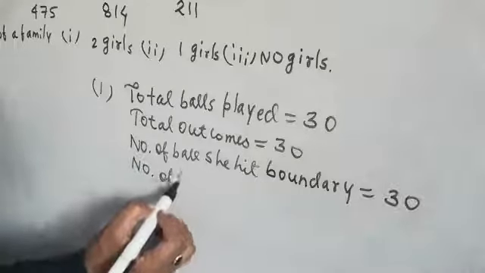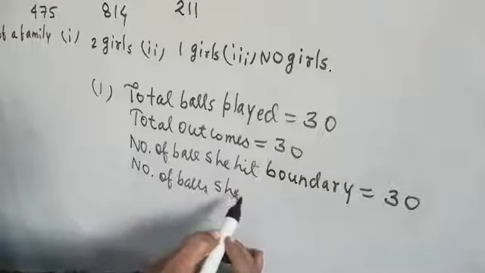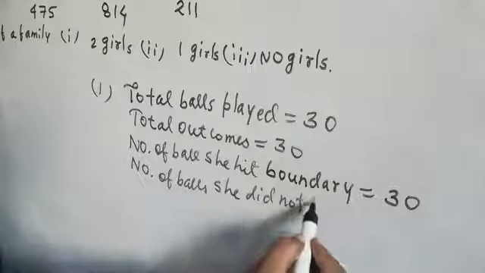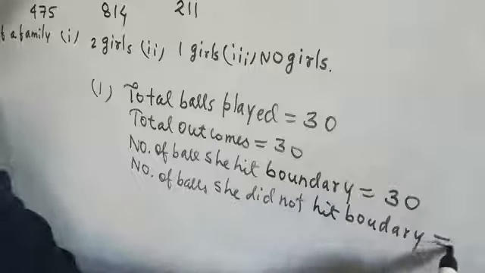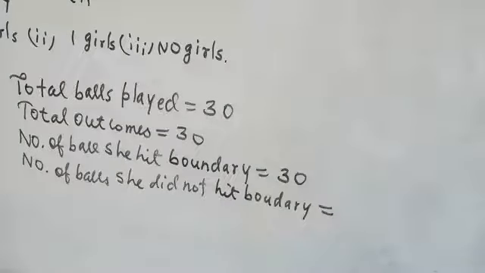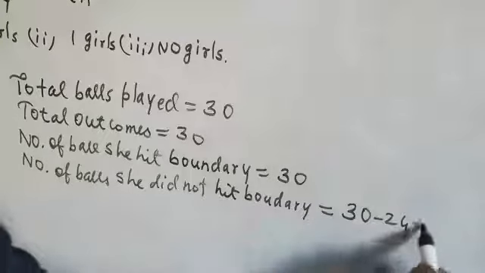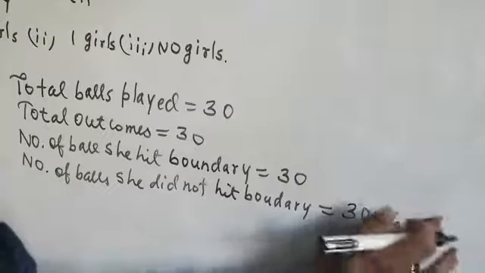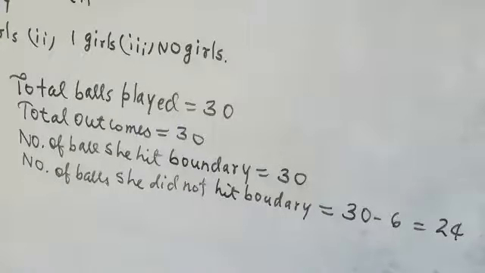Number of balls she did not hit the boundary is 30 minus 6. 30 minus 6 is equal to 24. That means 24 balls are there where she did not hit the boundary.